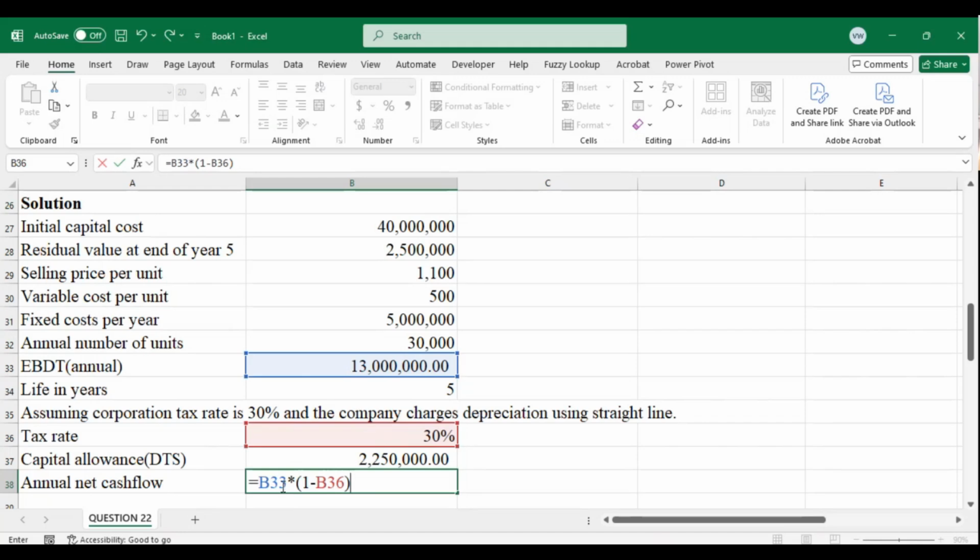So when I take the earnings before depreciation and tax, I multiply by 1 minus that, then I add the depreciation tax shield benefit. And this depreciation tax shield benefit is our capital allowance, which is 2.2. And that is how we go about it.